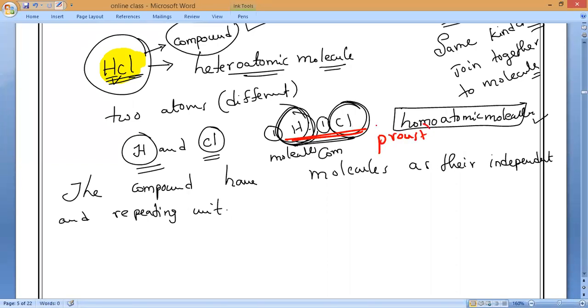Anthony Lavoisier? Mr. Proust, or Lavoisier? Proust, because the law of conservation of mass is given by Lavoisier. Yes, Mr. Harish? Yes, sir. That is it.